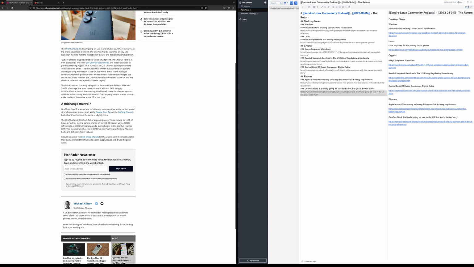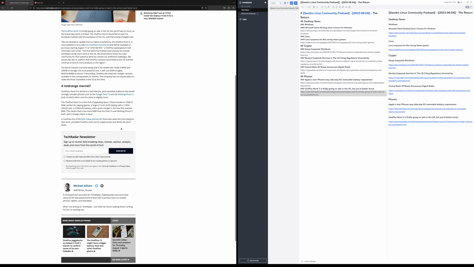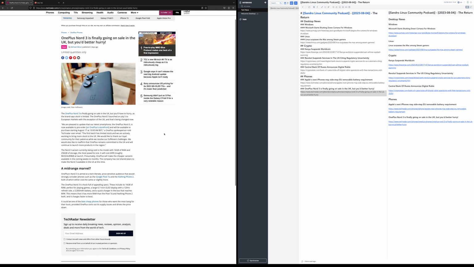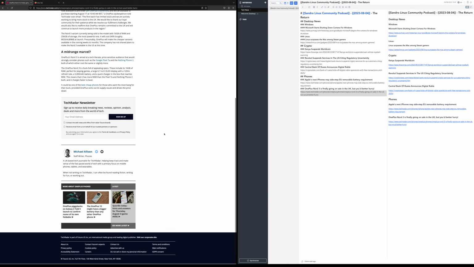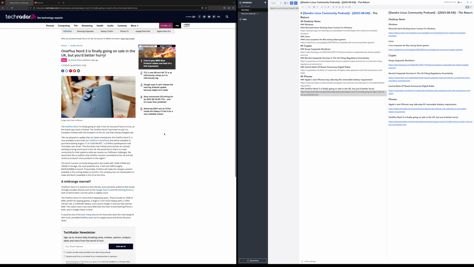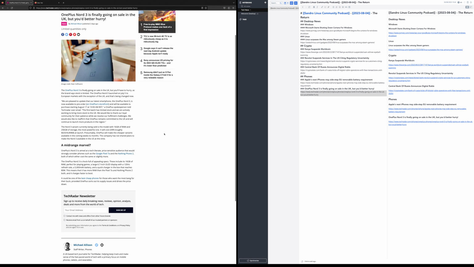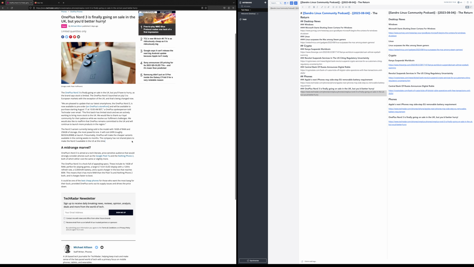So if you aren't in a market where the Nord is available, and you're a OnePlus fan, maybe go for a used phone, maybe an old used OnePlus flagship, maybe get one shipped in. I don't know the cost of that, depending on your market, obviously. Or you could just go for a different brand of phone, such as a Google Pixel A line phone. The 6A is the latest, I think.